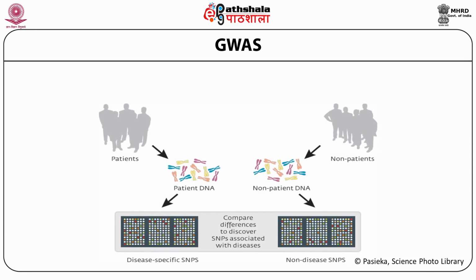In the last 15 years or so, a method has come up that aids research in biological and disease-associated science, called GWAS. This is nothing but genome-wide association of the sequences. It involves a lot of people, humans, who are patients, and plenty of people who are not patients.